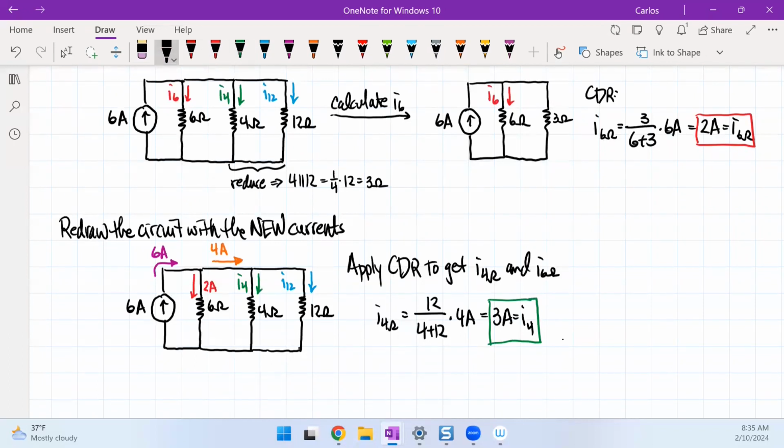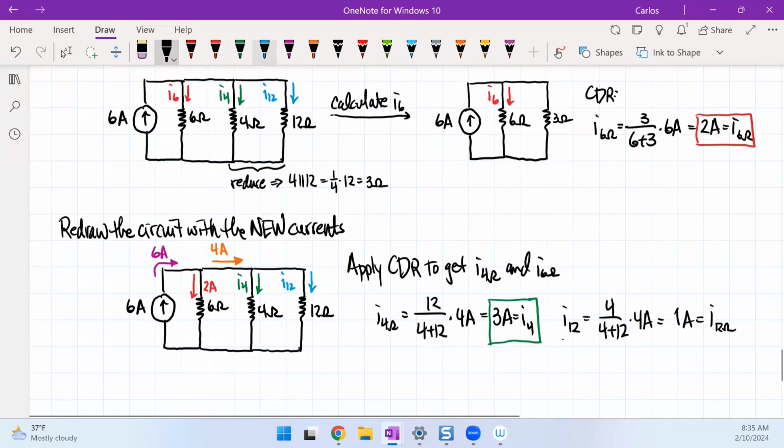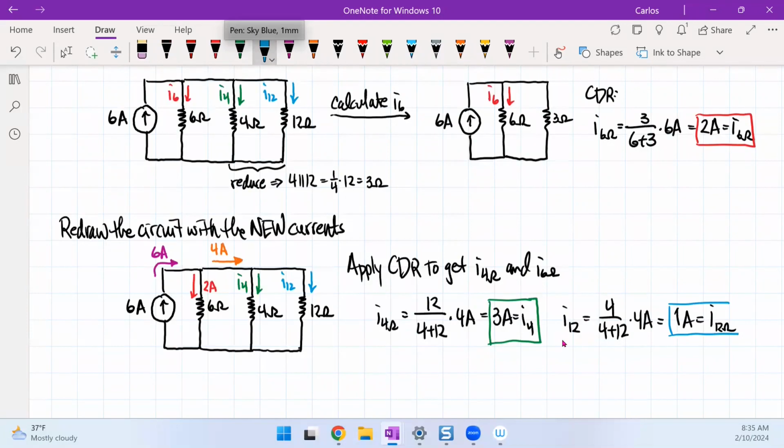If I look at the current I12, then it is the opposite resistance divided by the sum, and this time it's going to be 4, not 12, times 4 amps, and then I'm going to get a value that reads 1 amp, which is I12 ohm. Very powerful trick.